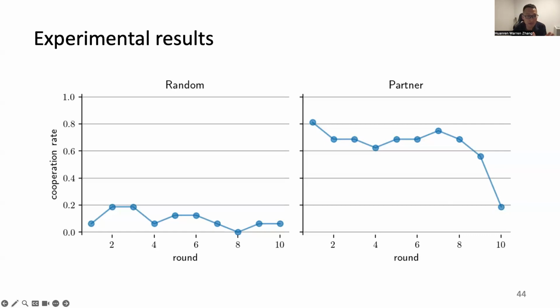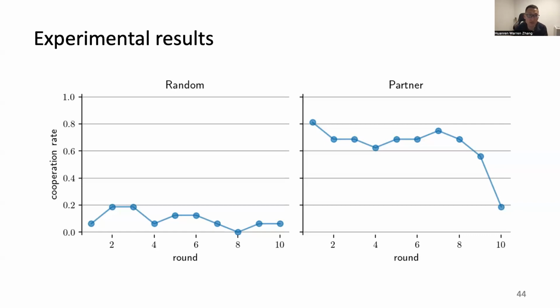As we will explain in our next lecture, a good strategy in this repeated prisoner's dilemma is the so-called tit-for-tat strategy. In tit-for-tat, you just start with cooperating and then copy the actions of your partner in the previous round.